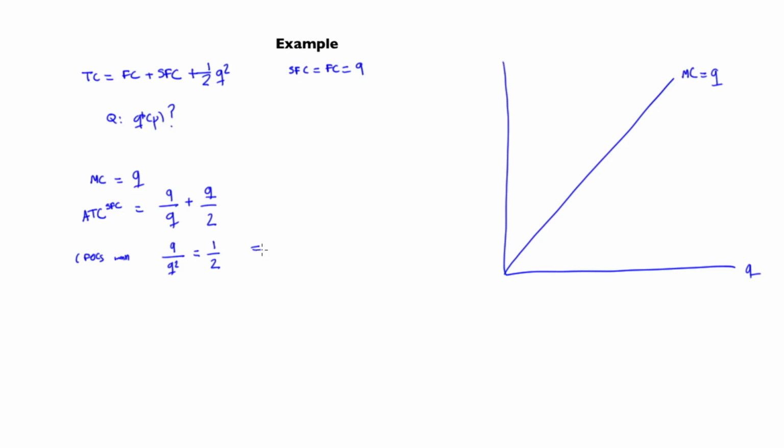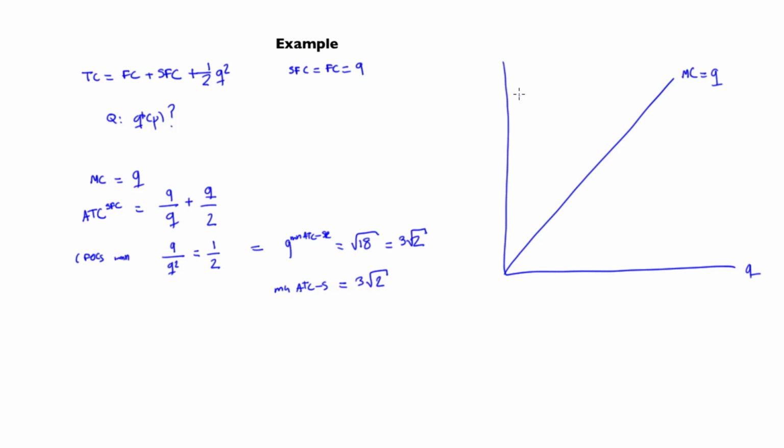So that implies that the minimum, Q minimum ATC SFC, is going to be equal, doing the algebra, to the square root of 18, and that is equal to 3 square root of 2. Okay? Now, if you substitute back in the formula, you're also going to get that the minimum ATC SFC is equal to 3 square root of 2.